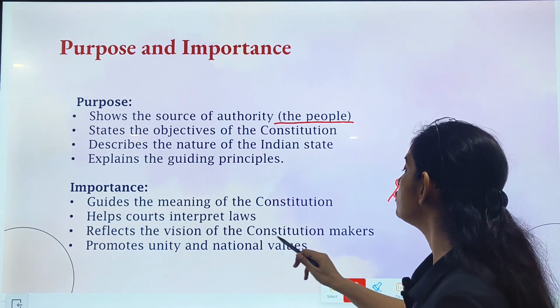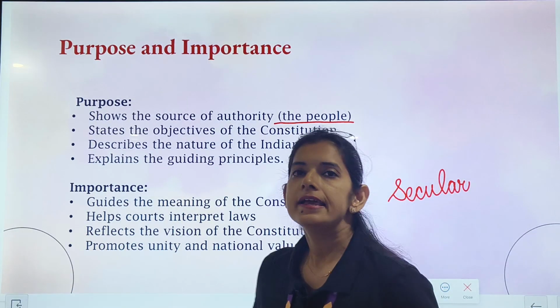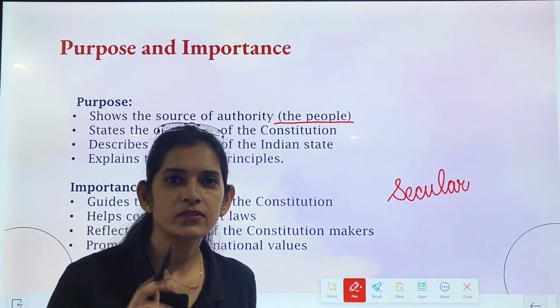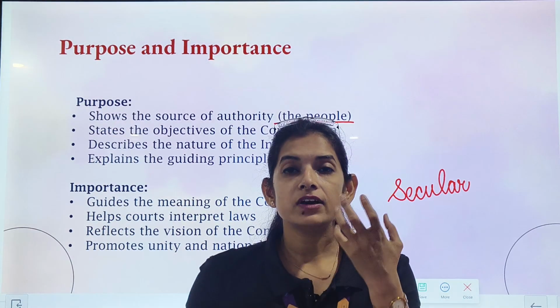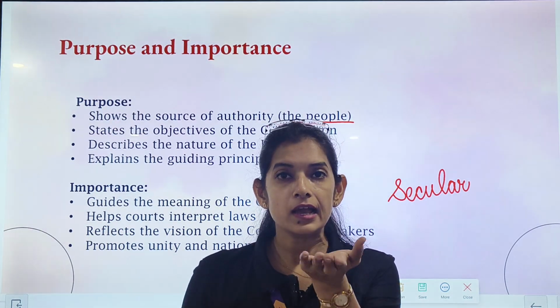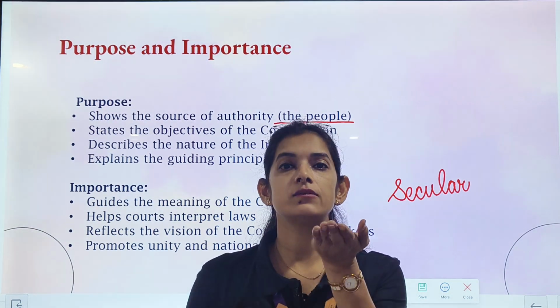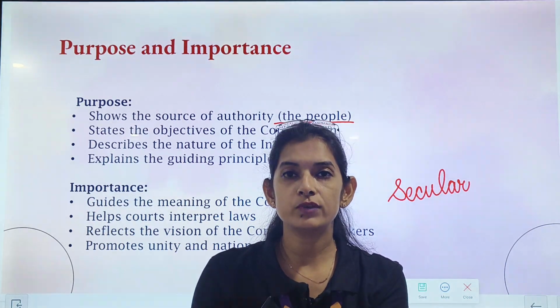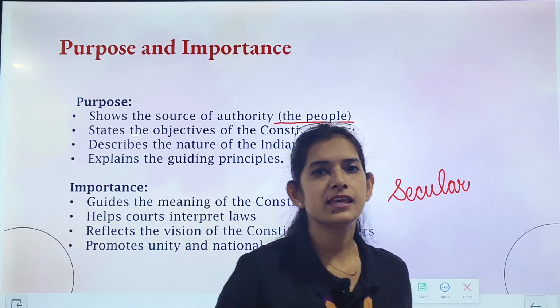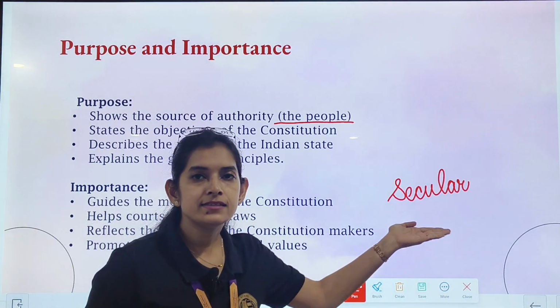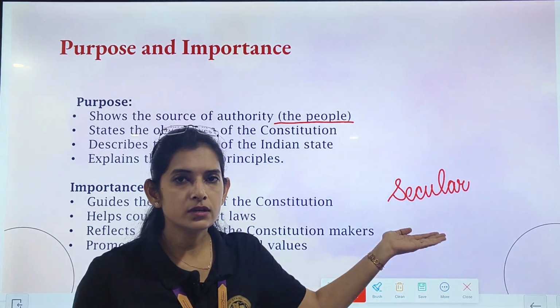It reflects the vision of the constitution makers. That is also a very important point, because it gives us a notion of the basis and the ideologies according to which the constitution was made by its makers. For example, India is a secular country.